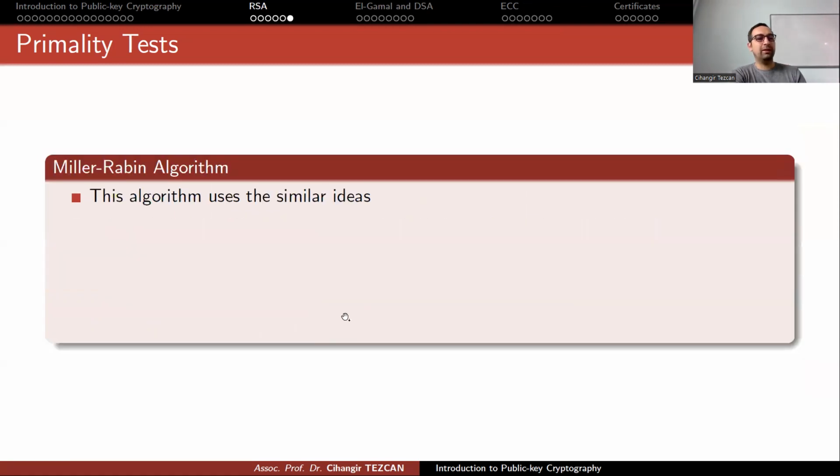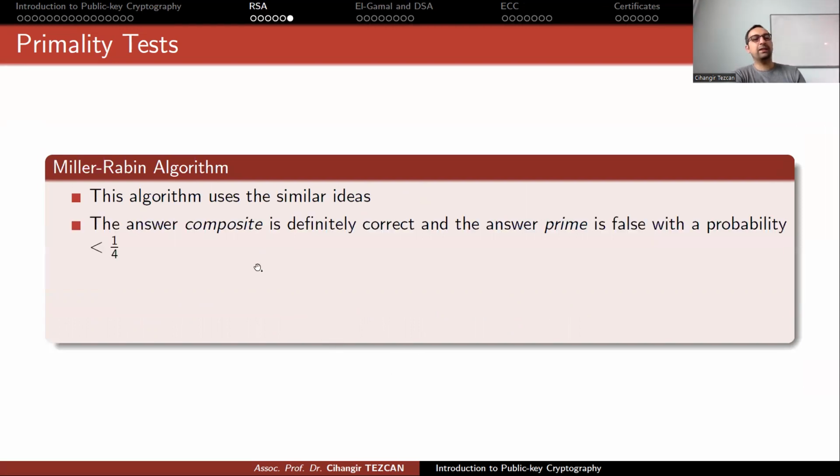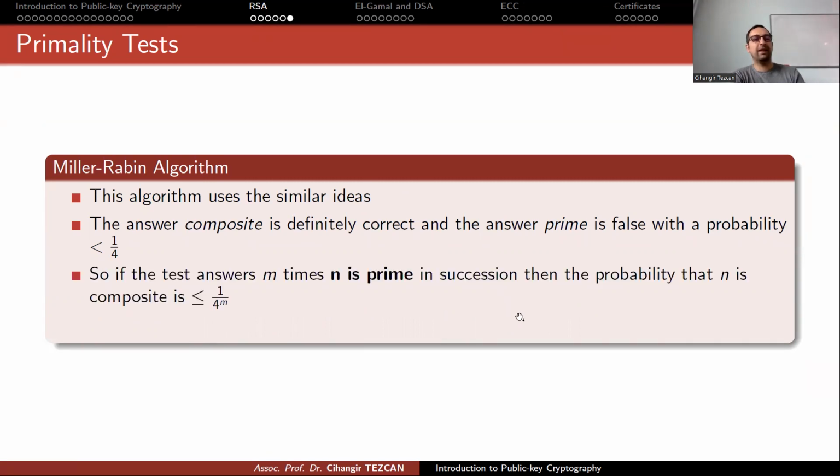When we combine these two ideas, you end up with the Miller-Rabin algorithm. This algorithm uses similar ideas. The answer composite is definitely correct, and the answer prime is false with probability less than 1/4. So what you can do is choose many random inputs a and repeat this process. If the test answers m times in succession that n is prime, then the probability that n is composite is less than 1/4 to the power m.